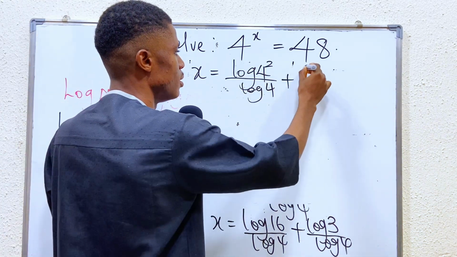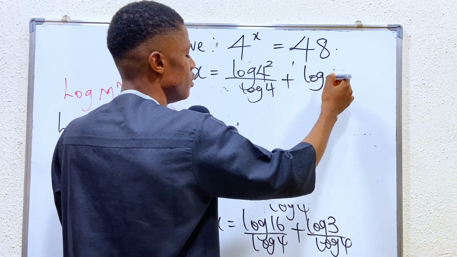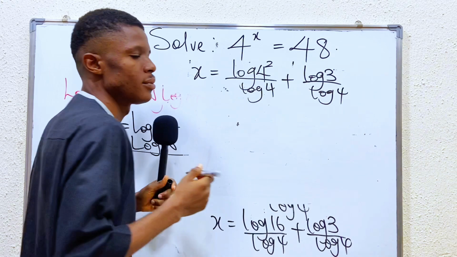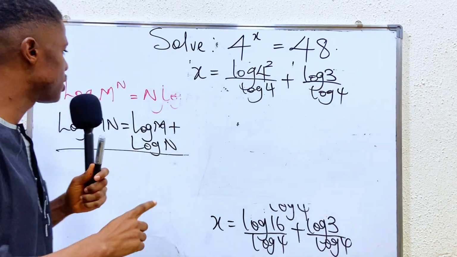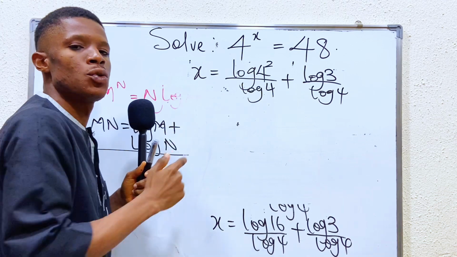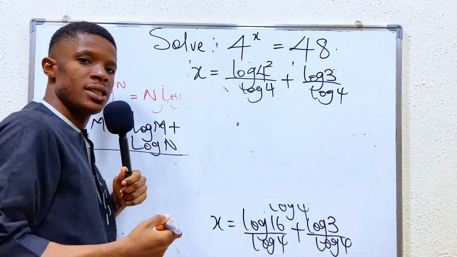then plus log 3 over log 4. So from the law of logarithm we used initially, we can still multiply 2 by the log. What is it giving us?